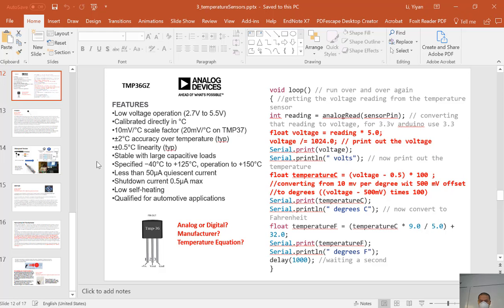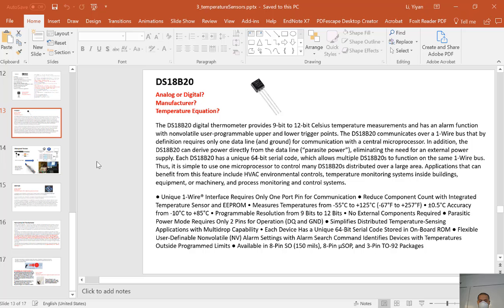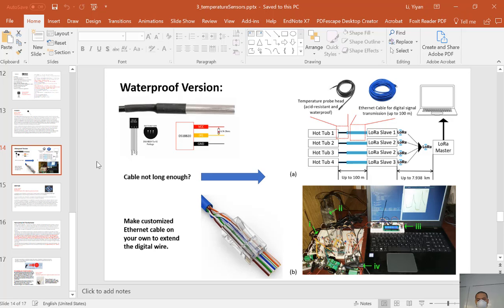All right. Let's look at one really fascinating application, which is the one I did for the Pagosa Springs hot tubs. First, the temperature sensor has to be resistant to the corrosive water.